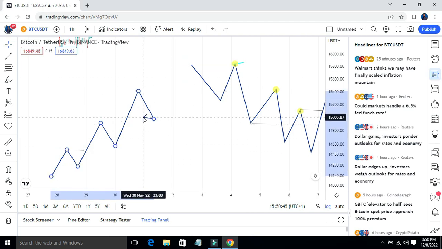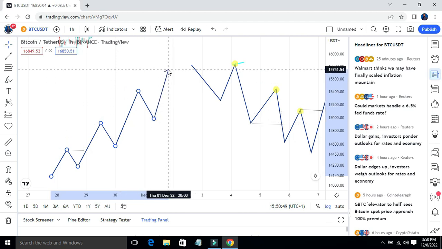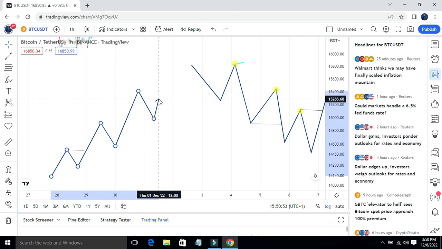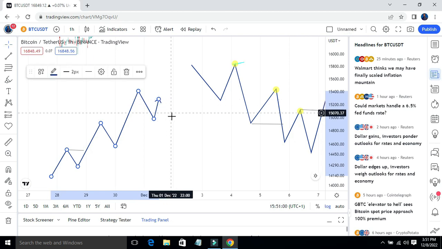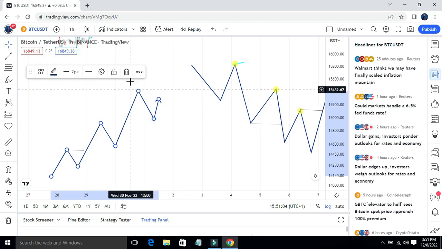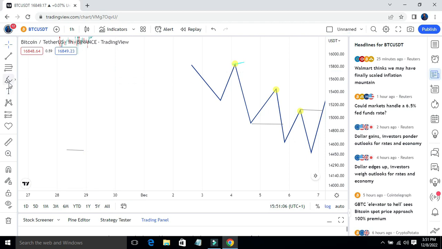So let's say instead of the market creating a high that will be higher than this one, it creates one that is lower, right? So it's also a change of character, right? So let me draw it separately so you can see.